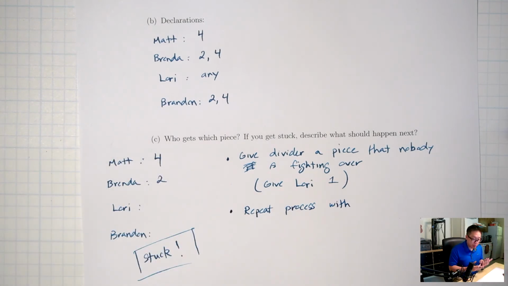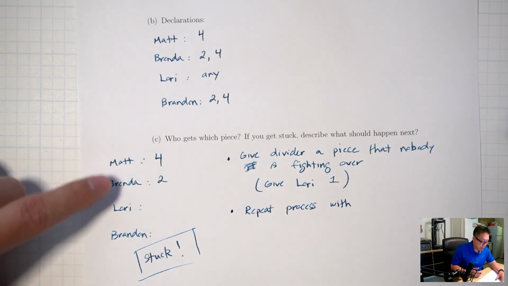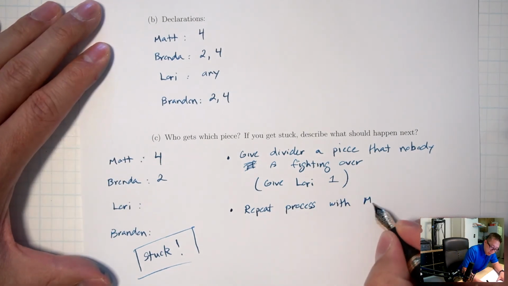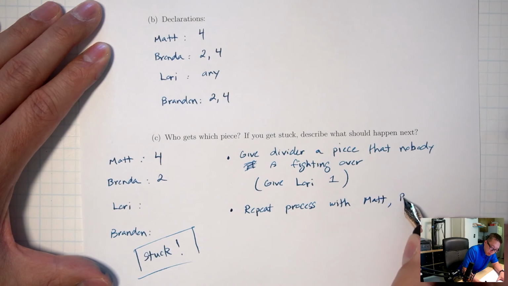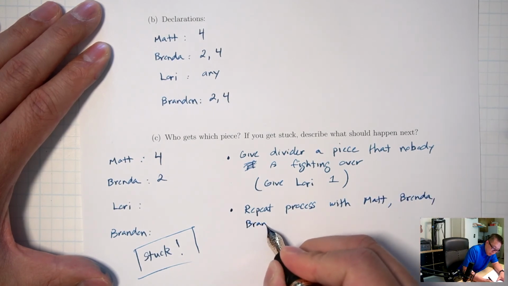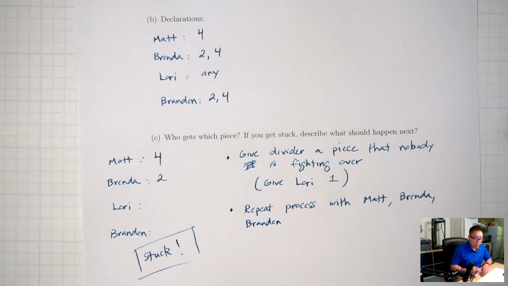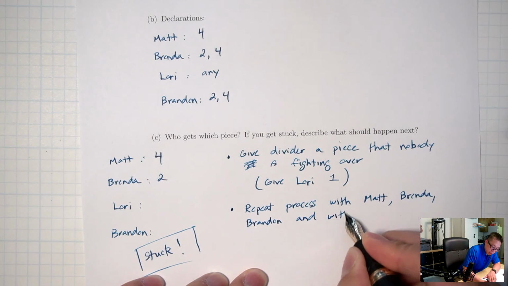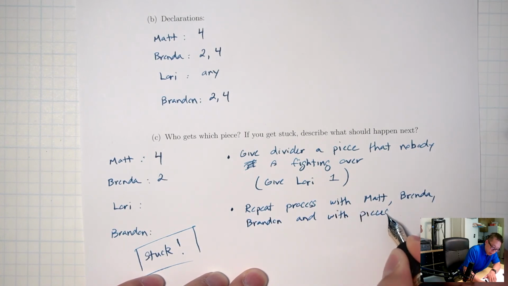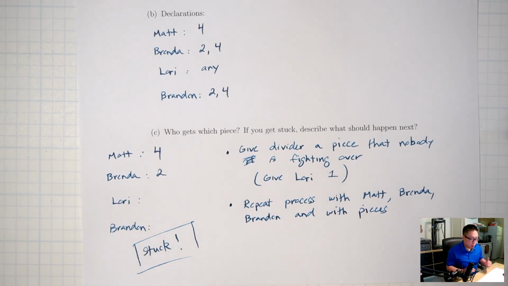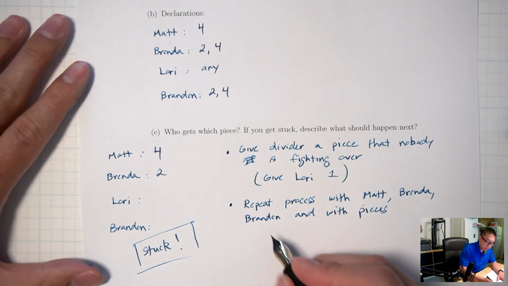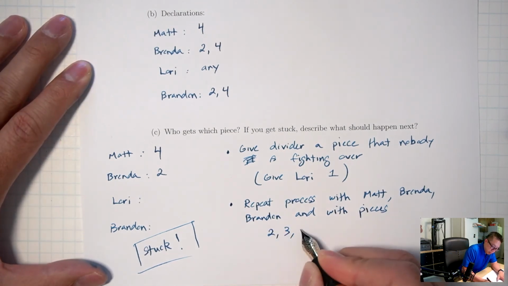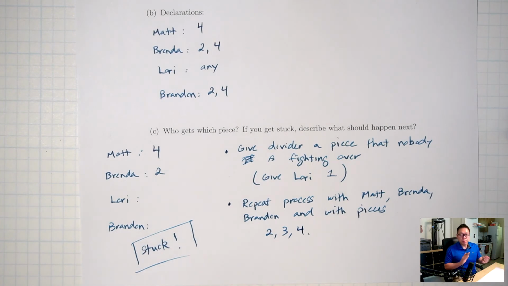So we're going to repeat the process with whoever's left, which is Matt, Brenda, Brandon, and with the pieces that are left. Pieces that are left are 2, 3, and 4. And that's what I want as an answer.